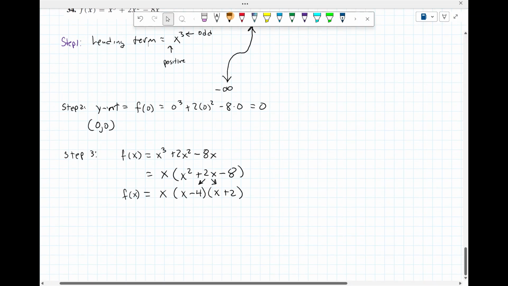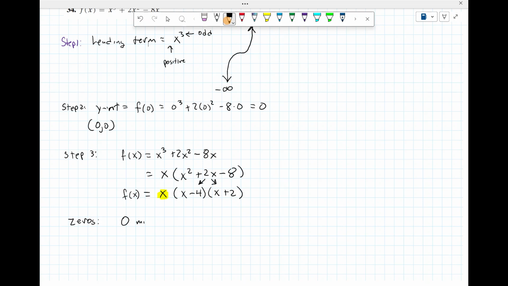So I could find all the zeros actually very easily in this case. My zeros are from this first form. If you have an x by itself, that means that your zero is 0, and the multiplicity will be the exponent on x, but in this case there is no exponent, which means the exponent is actually 1, but we don't write that, and so our multiplicity is 1.